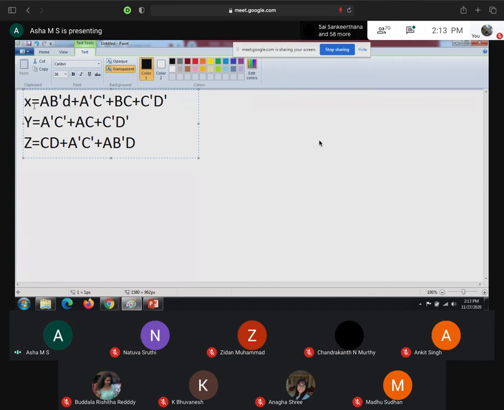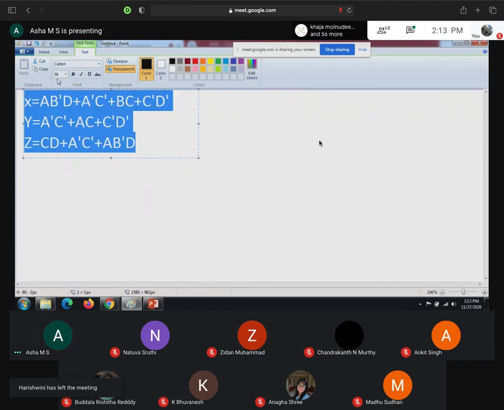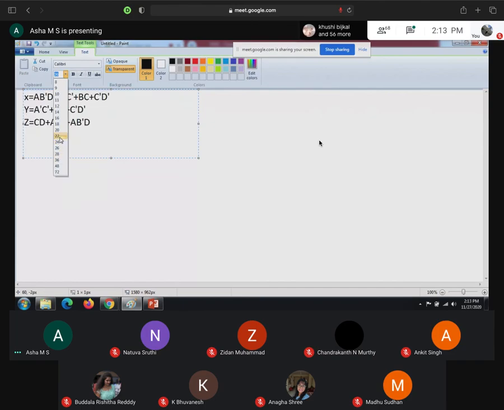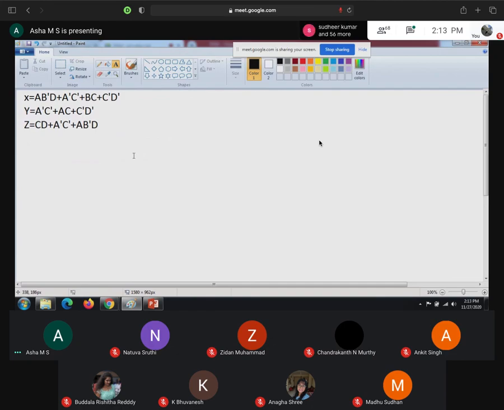So these are the three equations that are given. The expressions are in the form of SOP.